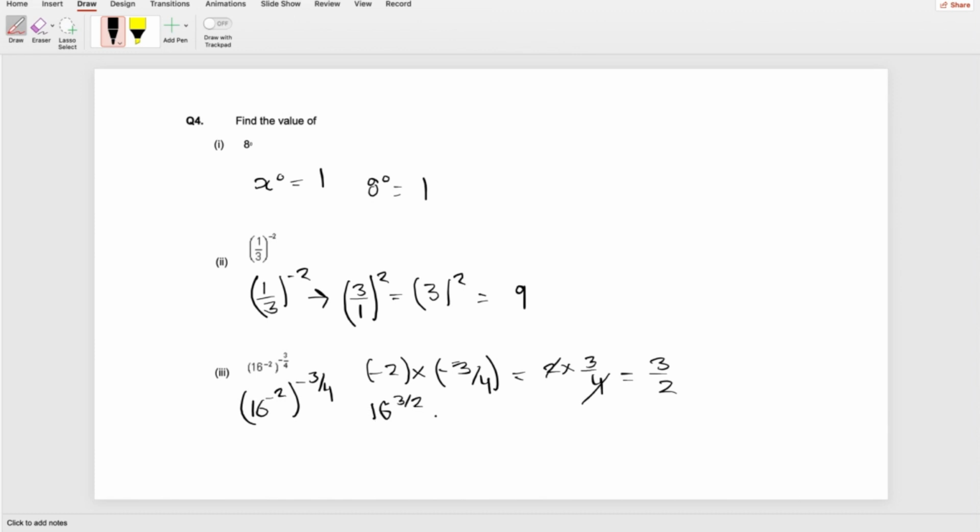Now it's much easier to solve. Then you just solve that. Square root of 16 to the power of 3, which is plus or minus 4 to the power of 3. Now you're going to have to work out two solutions: minus 4 to the power of 3 and 4 to the power of 3. Minus 4 to the power of 3 means that it's minus times minus times minus, which is minus.